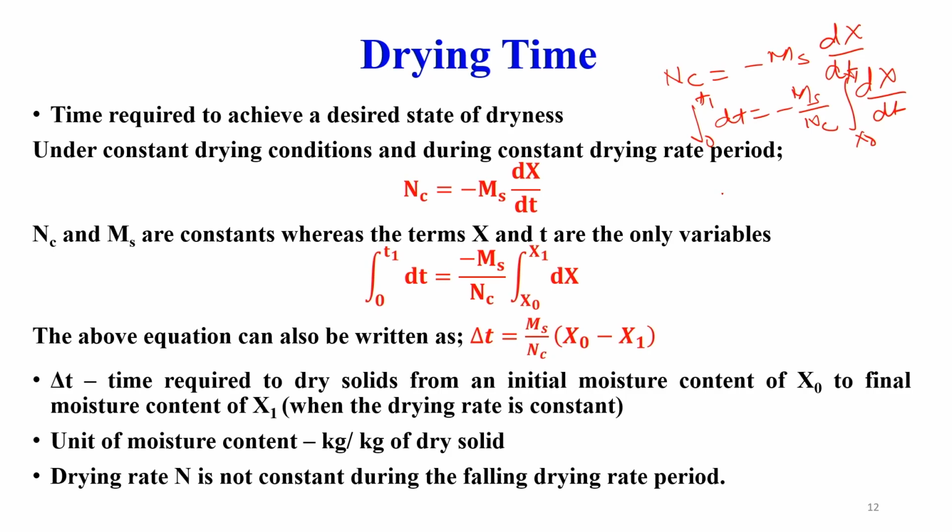So this will be delta T equals Ms upon Nc times (x naught minus x1). In this way it is very simple. If you know the initial and final moisture content and the rate of drying, then you can calculate the drying time required to achieve the desired state of dryness.